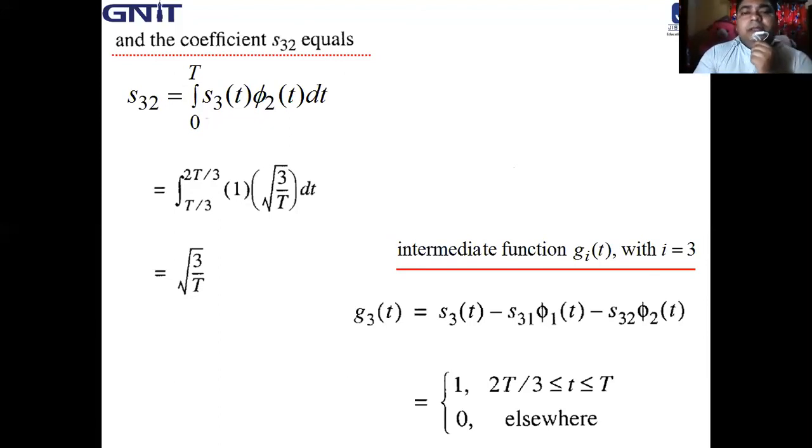So we know the amplitude of S3(t), and this part S31 phi 1(t) is 0, and S32 phi 2(t) we know the value using this. So G3(t) is 1 where t belongs to 2T by 3 to T, and elsewhere it is 0.